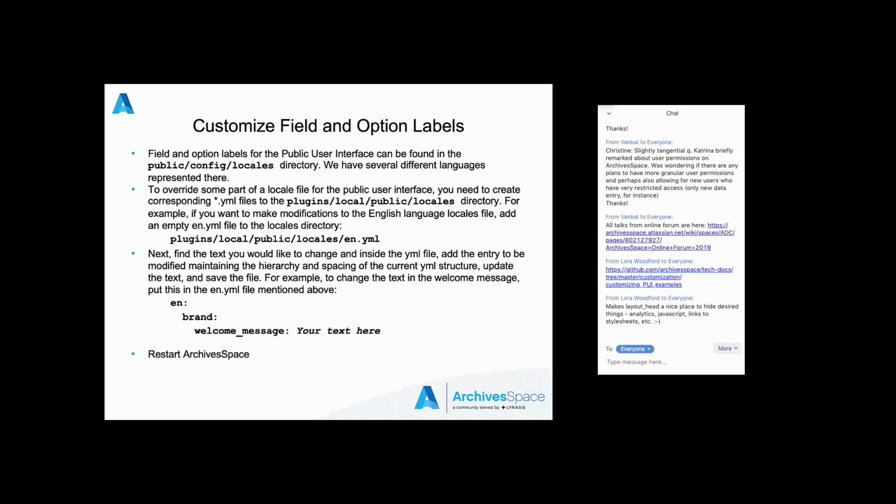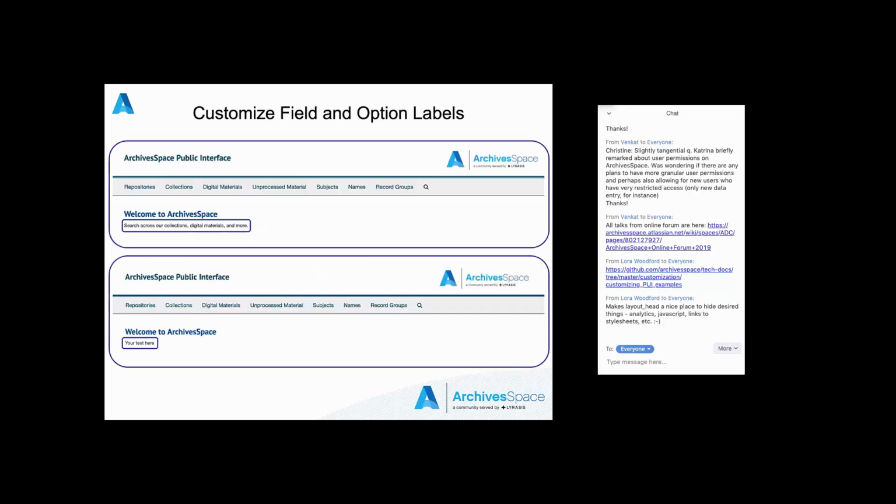So then I put 2 spaces in brand and colon, and then 2 more spaces in welcome message, your text here. So I put that in my plugins local public locales en.yml file. I restarted ArchivesSpace, and you'll see that the welcome message that is out of the box at the top example has now been changed to your text here on the bottom.